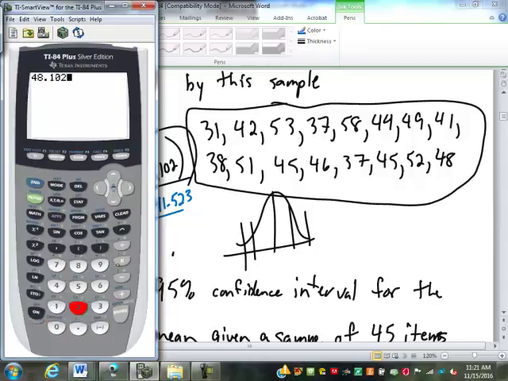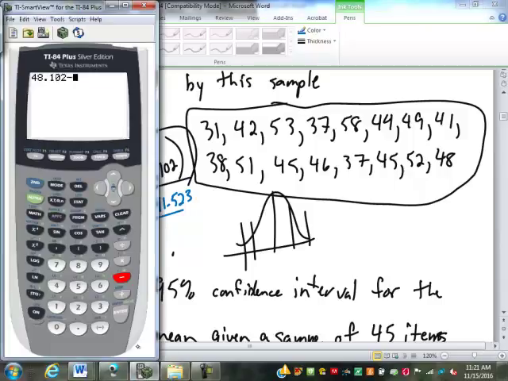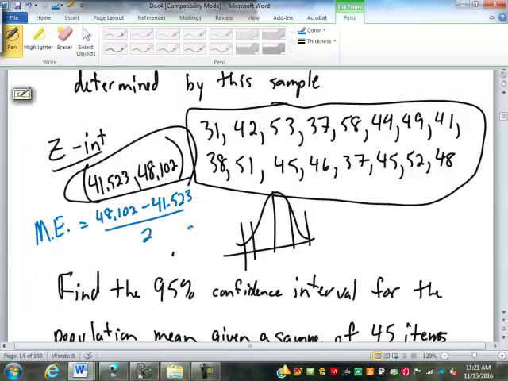Now, I didn't put parentheses around them, so I'm going to have to hit equals first, then divide by 2. If I just hit divided by 2, order of operations takes over and is going to mess it all up. So 3.2895 would be my margin of error for that.